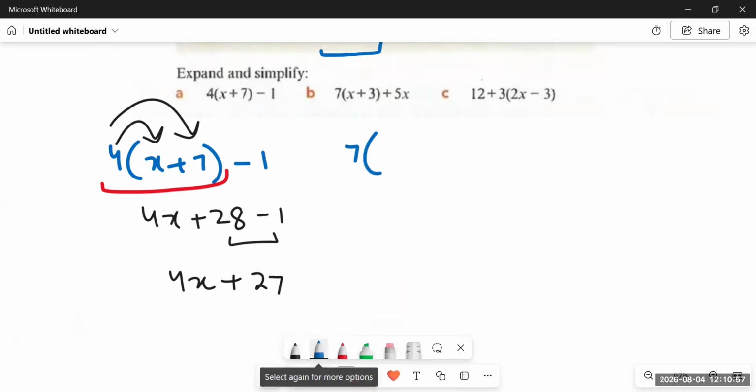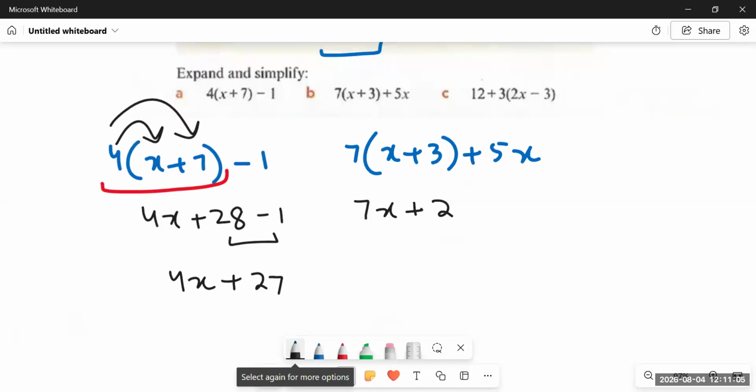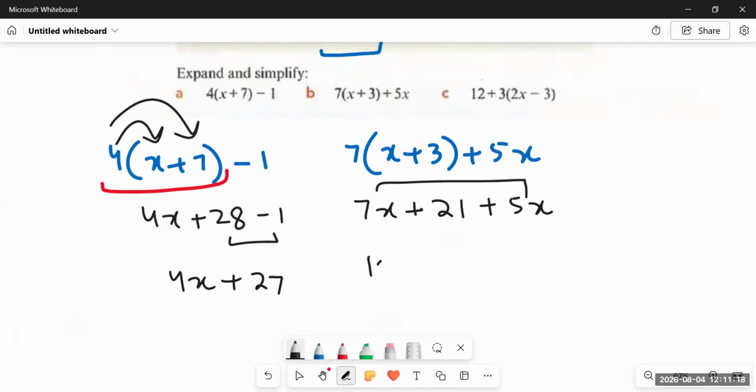Similarly, 7 bracket x plus 3 plus 5x. So we will apply the distributive law. It would be 7x plus 21 plus 5x. But this time, the term outside is 5x. So we will combine 7x with 5x because these are two like terms. So 7 plus 5 is 12x plus 21. And we cannot simplify it any further.